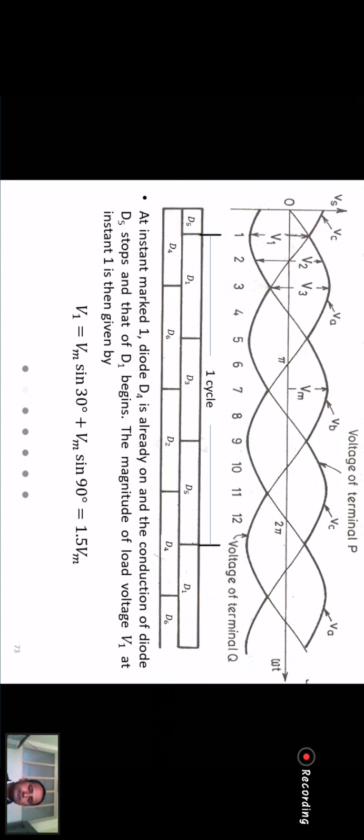Now, if you see here, this is VA, VB, and VC in this waveform. At instant 1, diode D4 is already conducting.